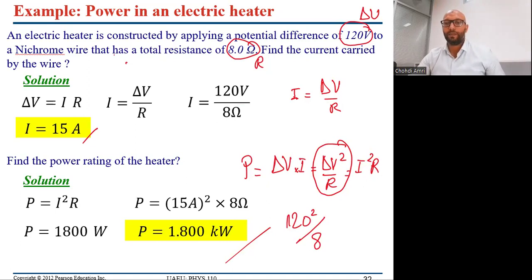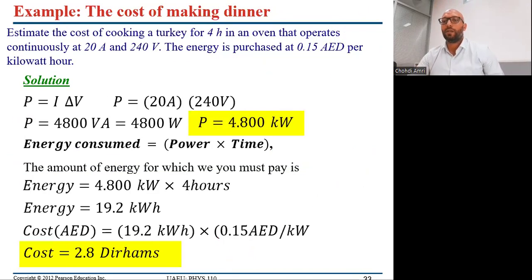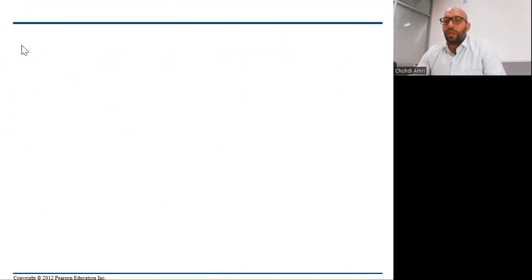Let's continue. The last example of this lecture: estimate the cost of cooking a turkey for 4 hours. An oven operates at a current of 20 ampere and a potential difference of 240 volt. The energy is purchased at 0.15 dirham per kilowatt hour. What is the cost of cooking?